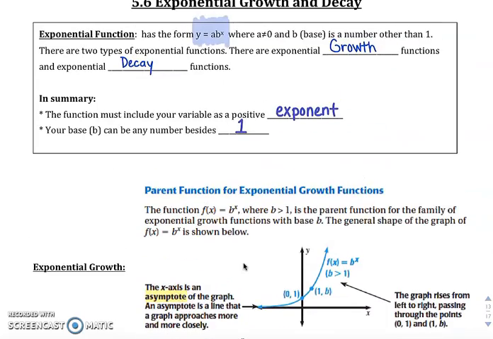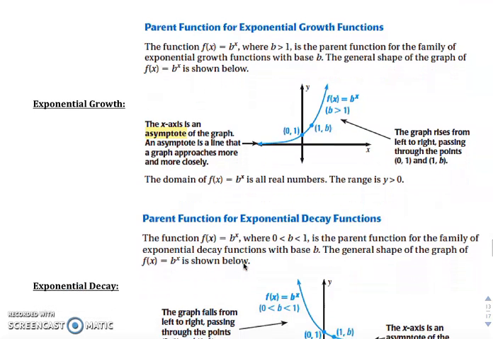As long as the function includes your variable as an exponent and your base is any number other than 1, because if it's 1 it doesn't increase or decrease, you have an exponential function. What's new with these graphs that you've probably never seen before is that there are these things called asymptotes.